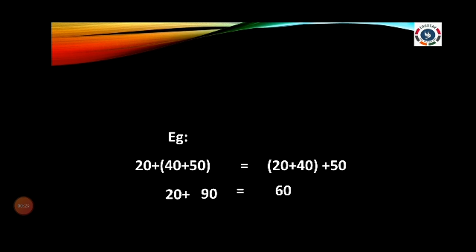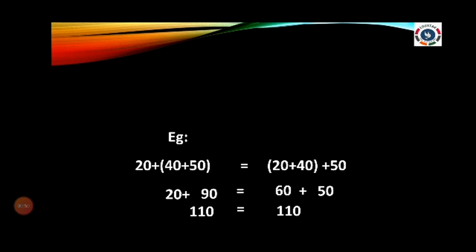Then on the right, 20 plus 40, how much? 60. Then plus 50. So now on the left side, 20 plus 90, how much? 110 is equal to 60 plus 50, how much? 110. While adding, we get the same value at last.